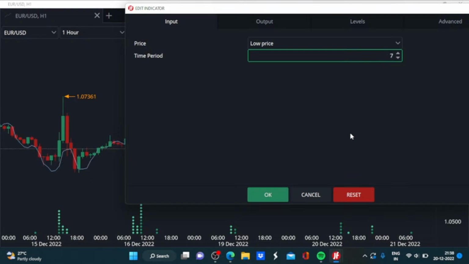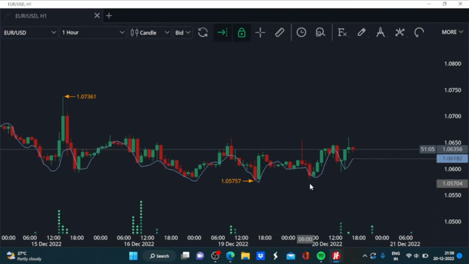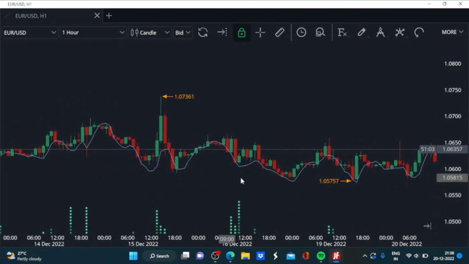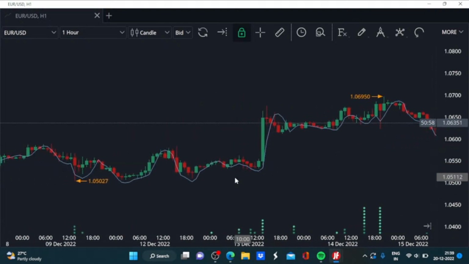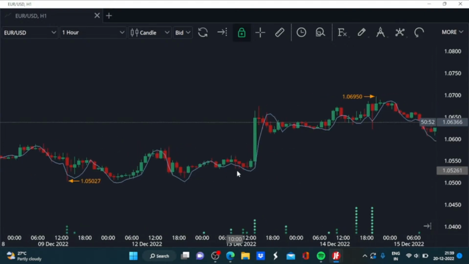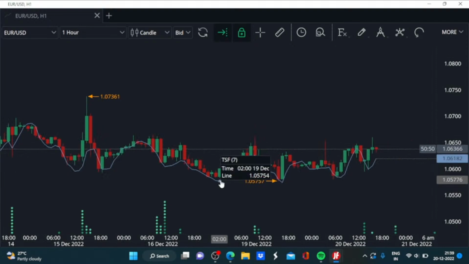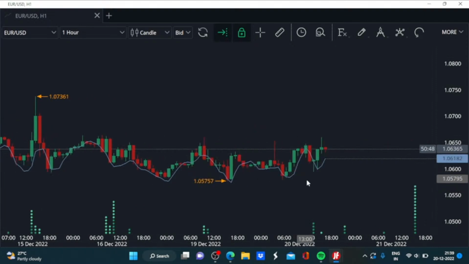Let's try out a small calculation period of 7. In that case, the fluctuation is going to be significant. Here we will have this indicator changing its trajectory simply based on the immediate price fluctuation, as it is being calculated based on the immediate 7 candlestick period data.